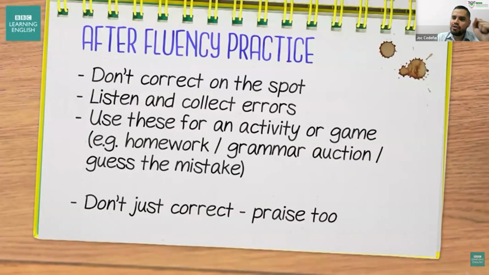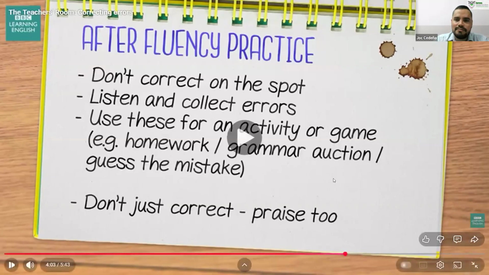For example, good job, you did it great, or excellent, keep it up. That is praise. So you need to praise your students too, not only correct them. You can say, good job, keep improving next time. Or you can say, yes, you did well, but, and then you select the mistake. But that's basically what you need to do. Praise your students.